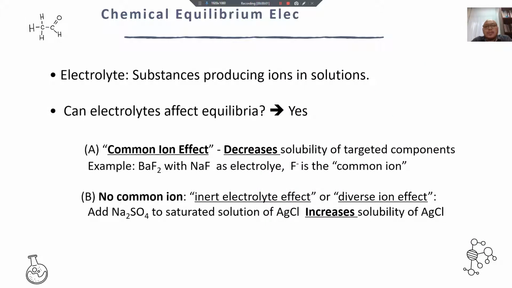Okay, the next one we will look into is the chemical equilibrium electrolyte effect. I discussed earlier the common ion effect and the non-common ion effect. When we have a common ion effect, it will decrease the solubility of the targeted components. Meanwhile, if we introduce an electrolyte which contains no common ion, it will increase the solubility.